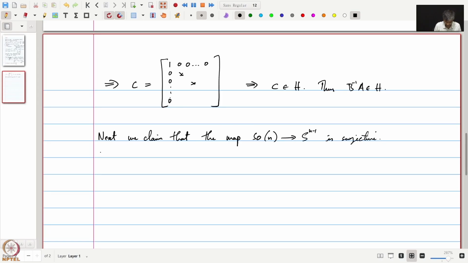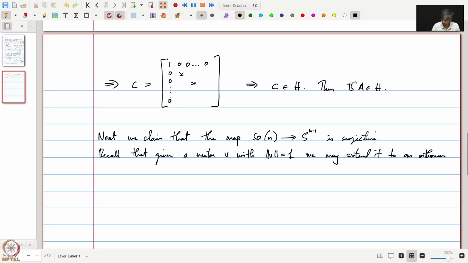So recall that given a vector V in R^n with norm of V equal to 1, we may extend it to an orthonormal basis V = V1, V2 up to Vn of R^n.